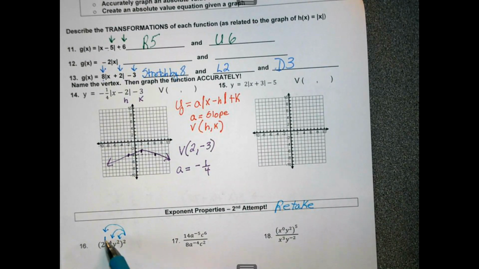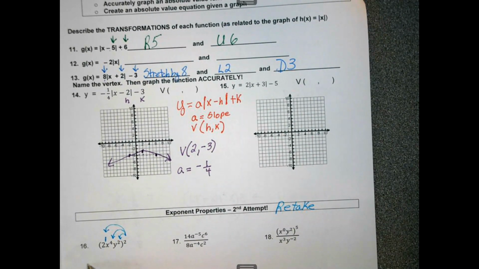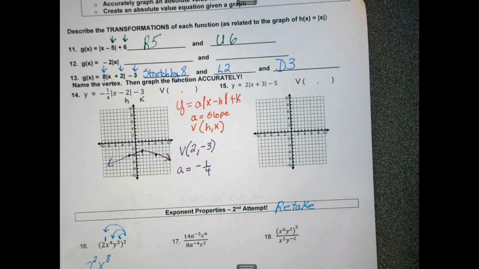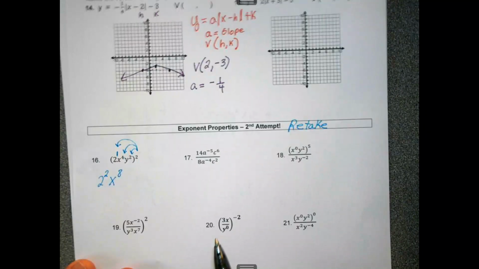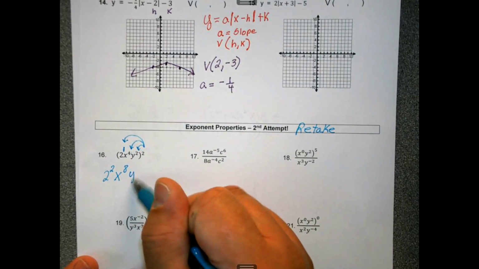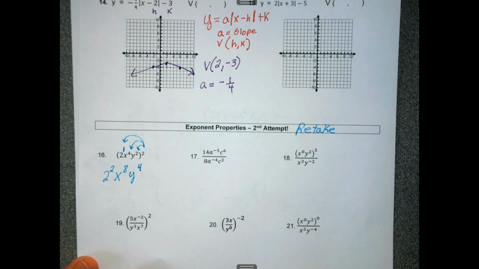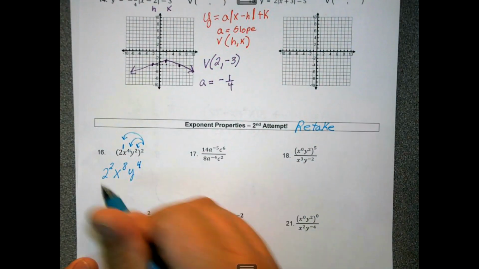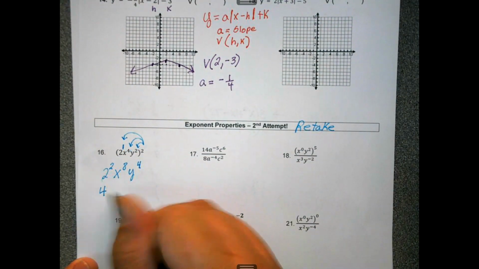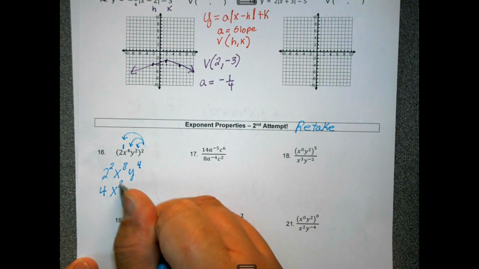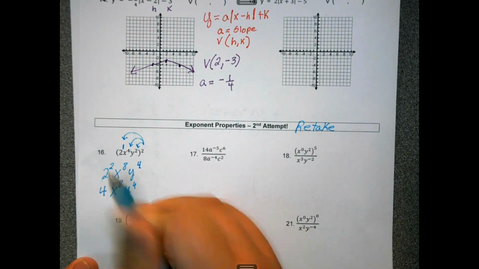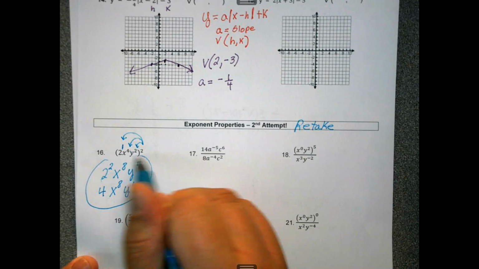So I have 2 to the 1 times 2, which is 2 squared. X to the 4 times 2 is 8. Oh, sorry. Y to the 2 times 2 is 4. You can leave it like that, or you can multiply out the 2 to 4, x to the 8th, y to the 4th. I'll take either one, doesn't matter.